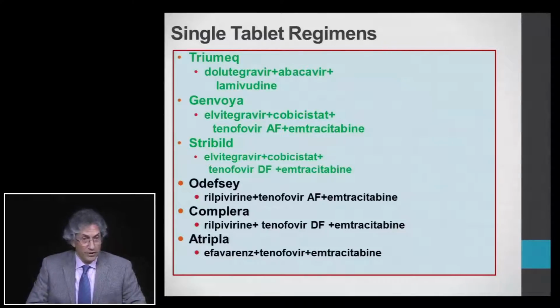There are 3 others, Odefsey, Complera, Atripla. They're licensed drugs. They work. They each have problems with them. They're considered alternatives. Because we have limited time, I'm not going to discuss them, but you could read more about them in the DHHS guidelines, and there are some times where one or another of these would be appropriate for a patient rather than the ones that are in green.